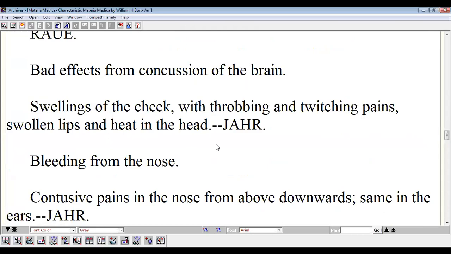Then Dr. Jahr says that it is swelling of the cheek with throbbing and twitching pains, swollen lips, and heat in the head. This is how the medicines are described.